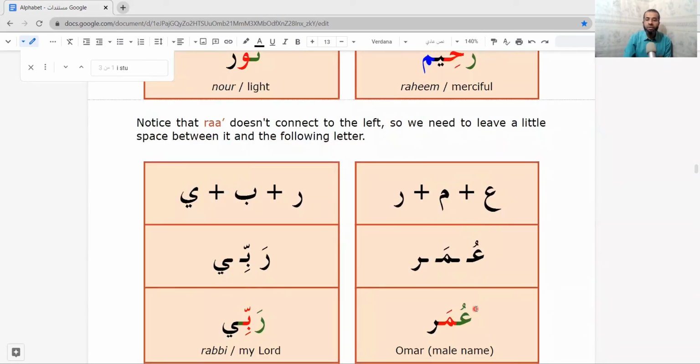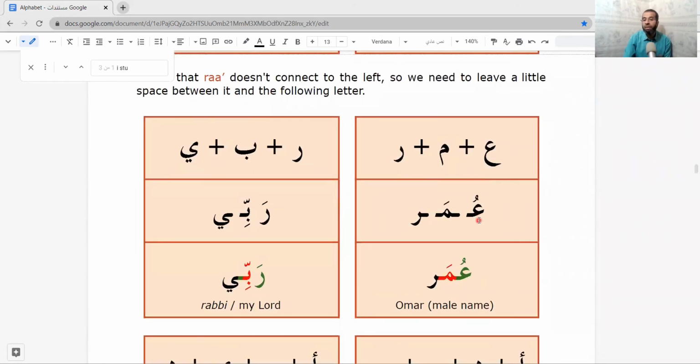A new word, Ain with Dhamma, U, the Mim with Fatha, Ma, then Ra. Umar. Umar is a male name. What about this? Ra, it has fatha, Ra. Then the Ba has kasra and also shadda.